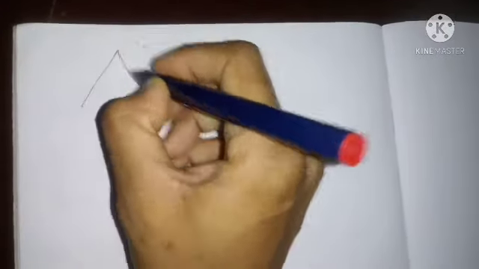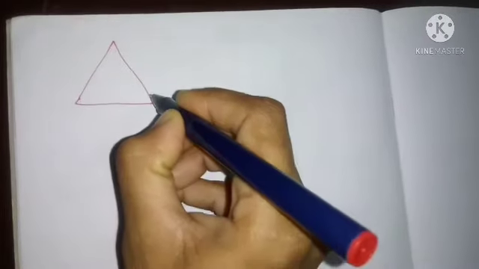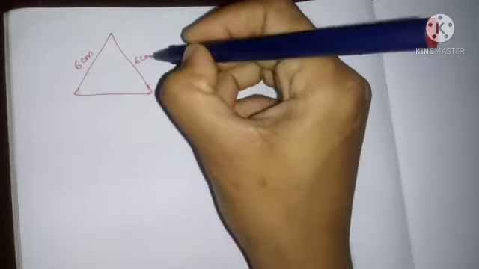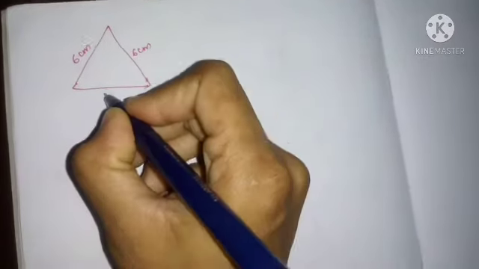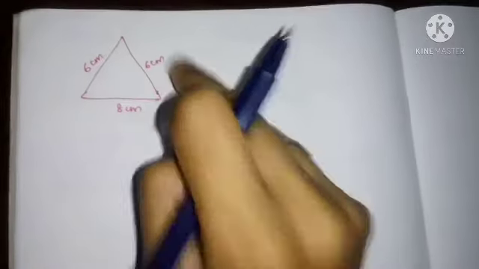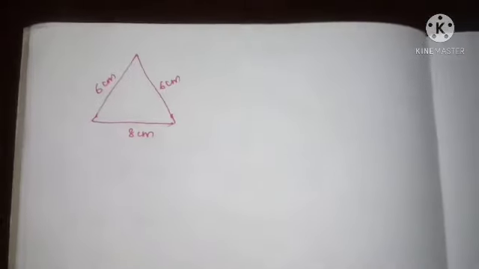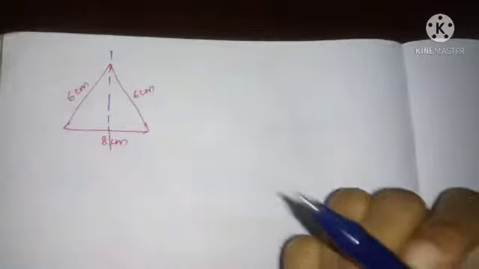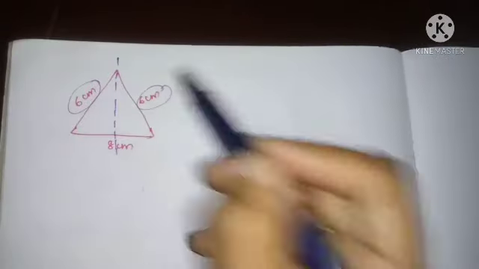Next, only one type of triangle we have used. Next is your isosceles triangle. Isosceles triangle, what is the meaning? 6 centimeter, 6 centimeter. 2 sides of the triangle are equal, another side not equal. Now you draw the line of symmetry. If I draw the line of symmetry like this, this side 6 centimeter, this side 6 centimeter.